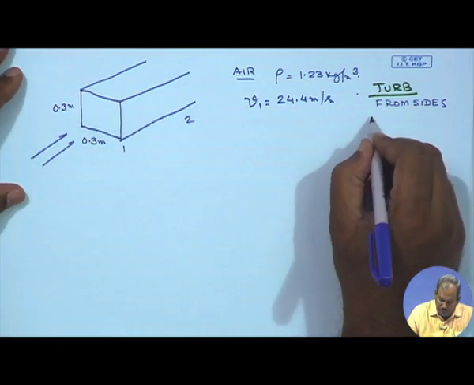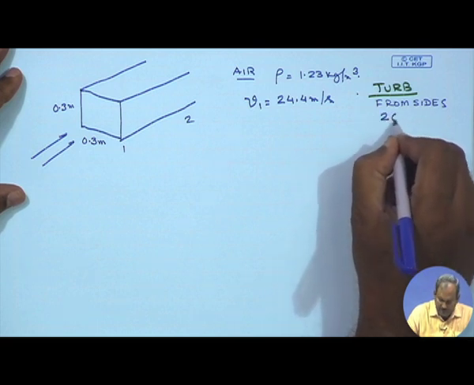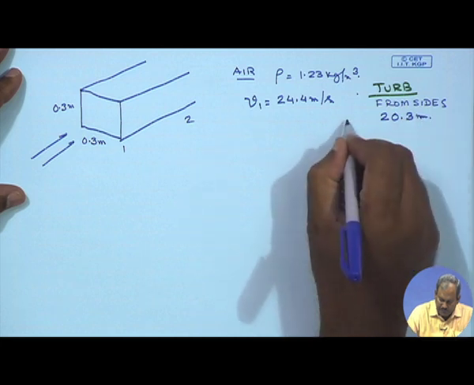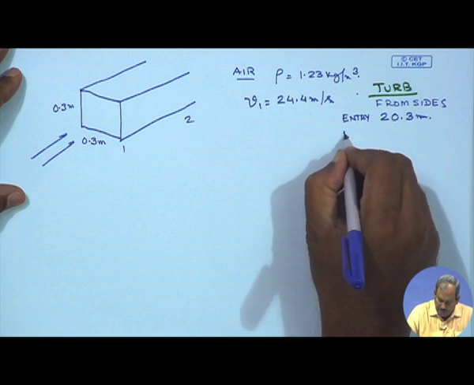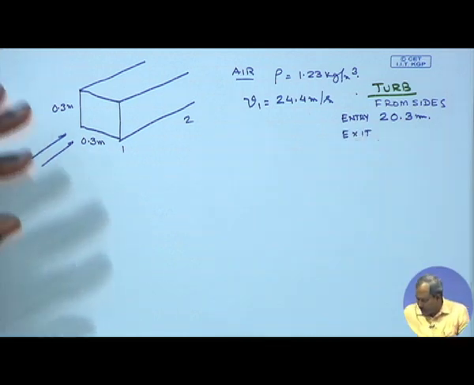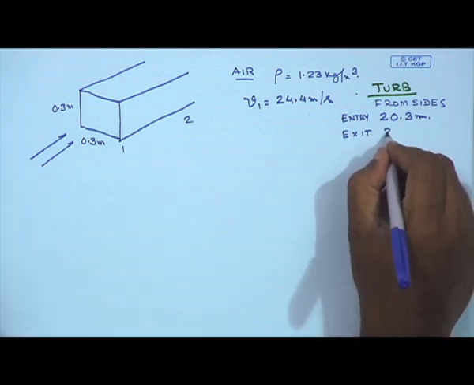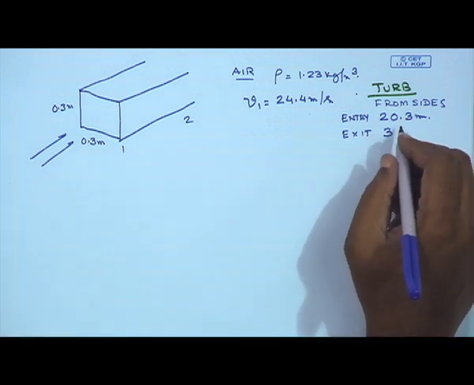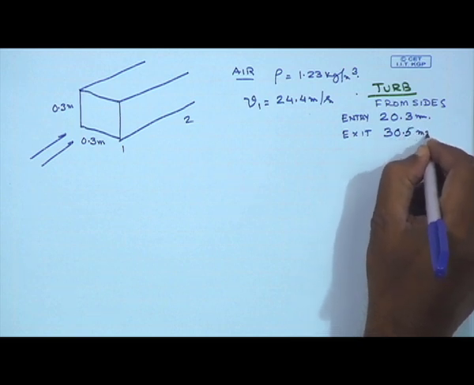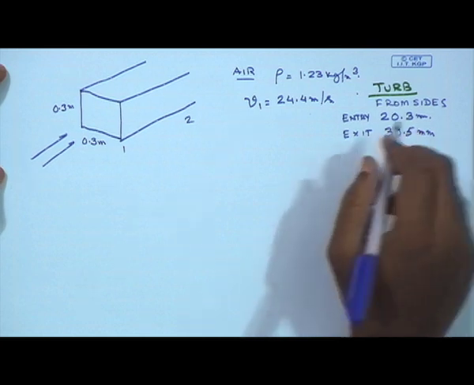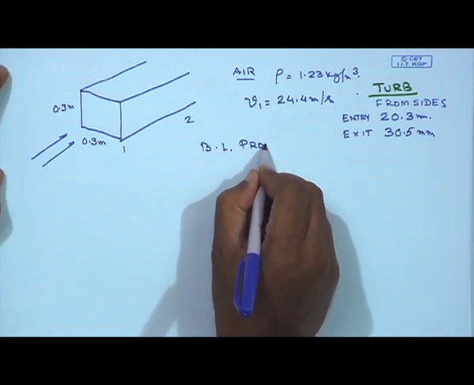At the beginning at 1, the thickness is equal to 20.3 millimeter at entry, and at exit this thickness is equal to 30.5 millimeter.